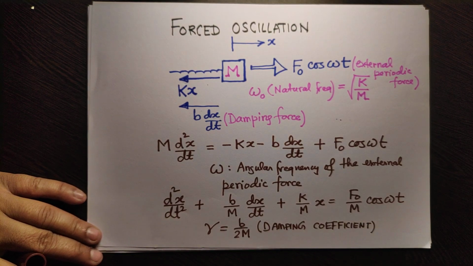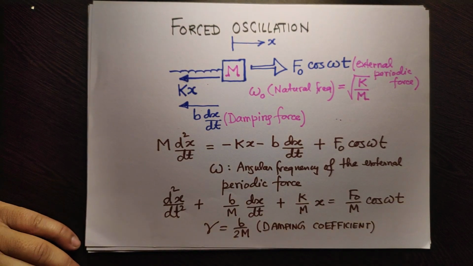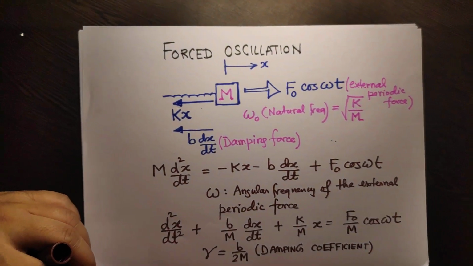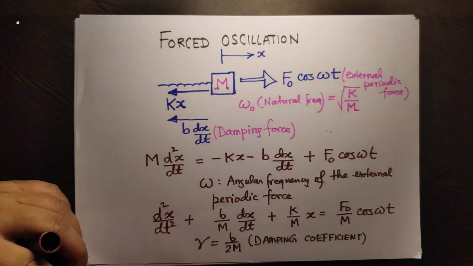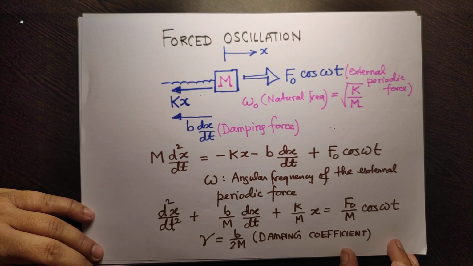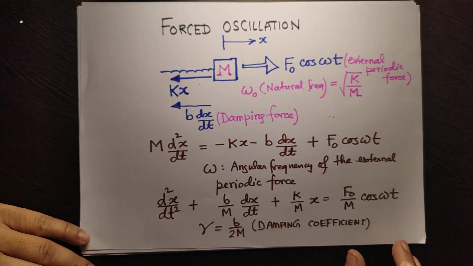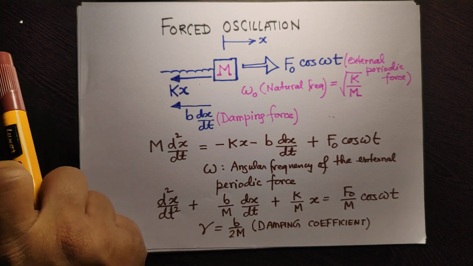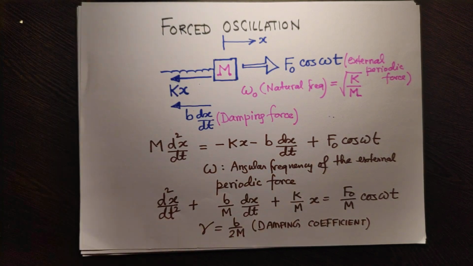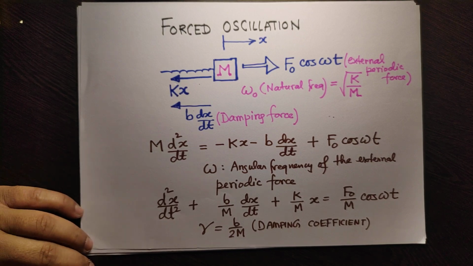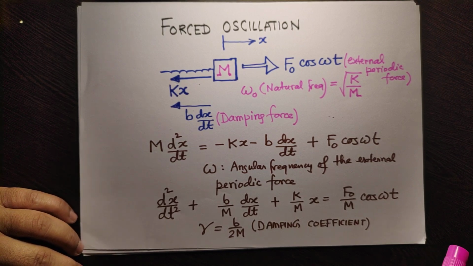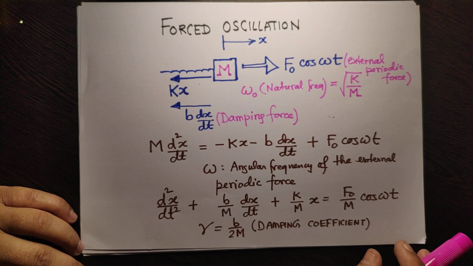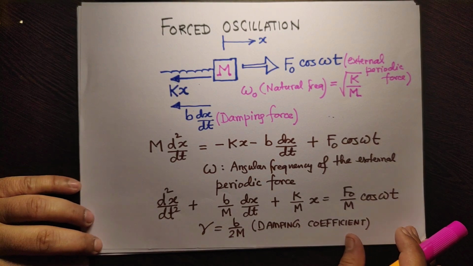Now, we will find a solution to this differential equation. As you see, here at start the system goes through a transient state. So, every system goes through a transient state, and after some time the system will attain a steady state.